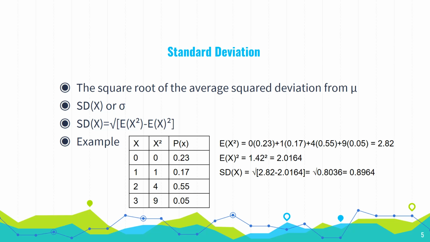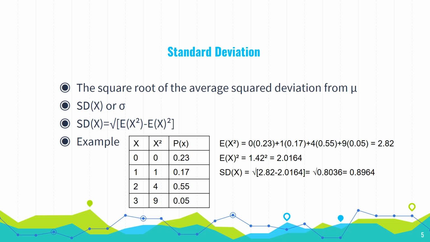So to find the standard deviation of this random variable we just looked at, we make another column of the squared values, X squared. When X is 0, X squared is also 0. When X takes the value 1, X squared is 1, because 1 squared is 1.